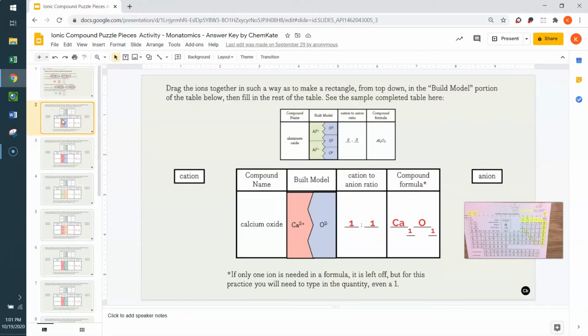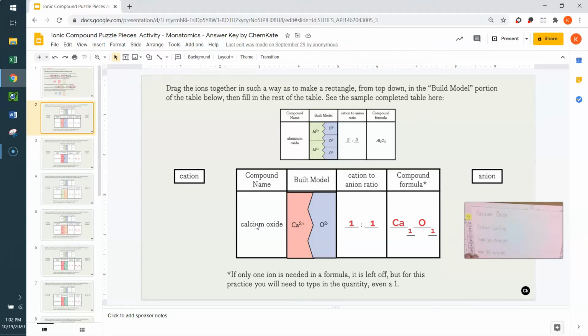Now, we had done this example together before you left our meeting, and just looked at the idea of calcium oxide, and looked at the ions that were formed in order to put calcium oxide together. So if you didn't know, you would use your periodic table, and so calcium is in the second column.